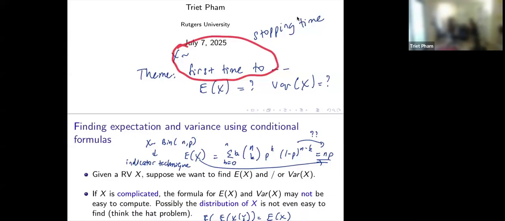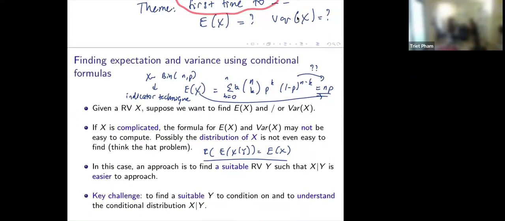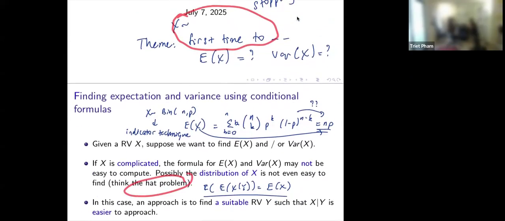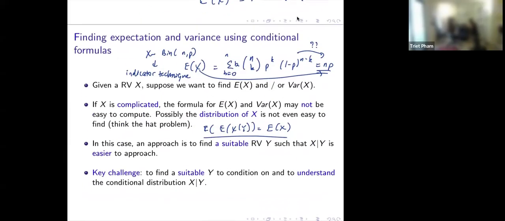With this structure, the indicator function approach is irrelevant, because the first time to an event is not a total sum of anything. Conceptually, it's irrelevant to think of it as a sum.